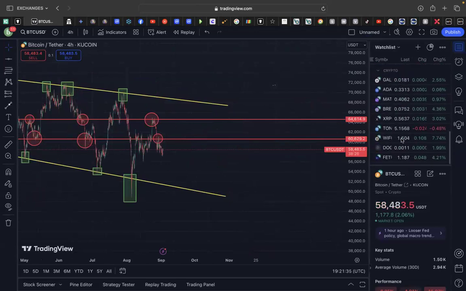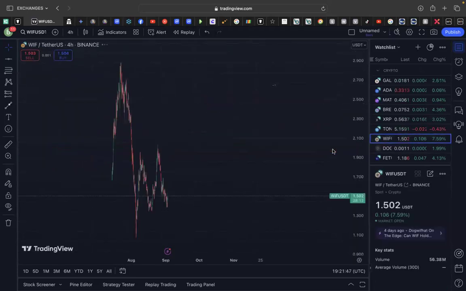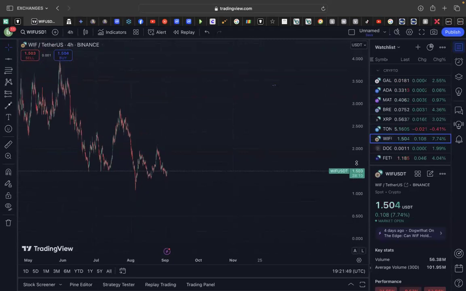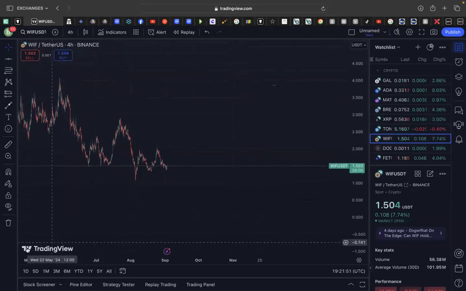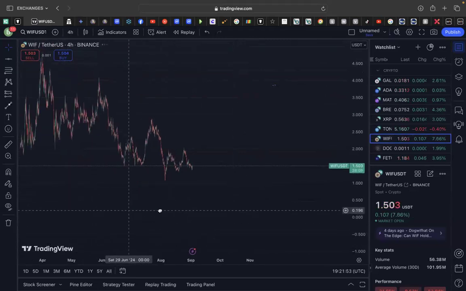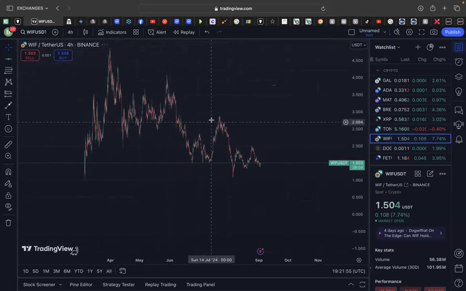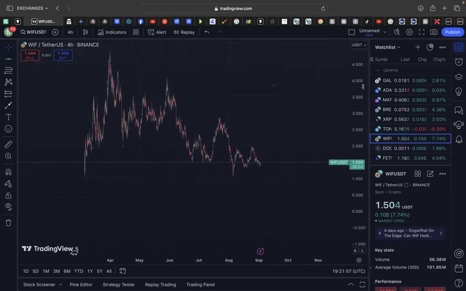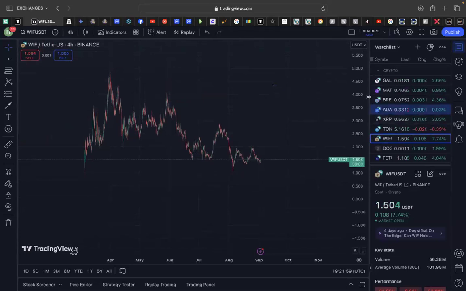So I was looking at the WIF chart. This 7% up caught my attention, and I just want to go through WIF. I love this meme coin. It is the people's meme coin, and at some point I was able to make a decent amount of money from it in the beginning of the year.